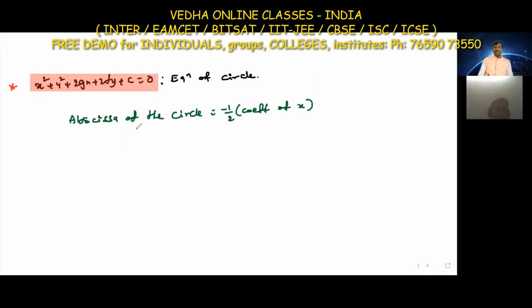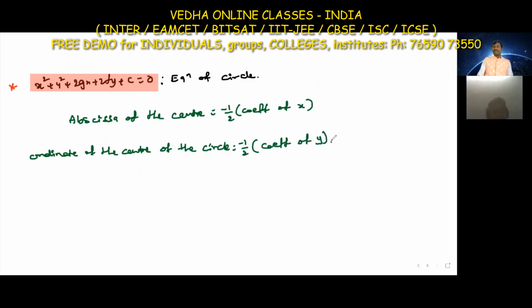Next is the ordinate, the y coordinate. The ordinate of the center of the circle is equal to minus 1/2 into the coefficient of y. Either we can compare with the general equation, or otherwise we can do it directly.